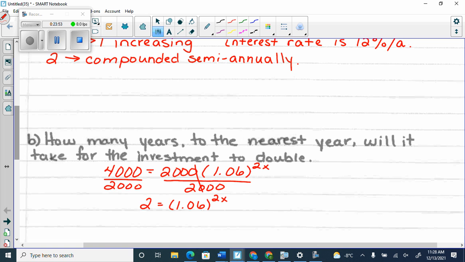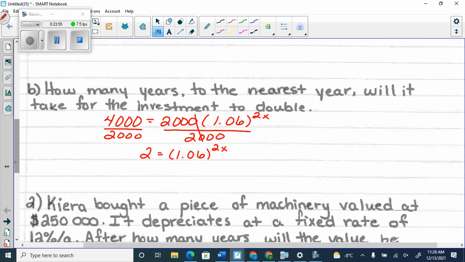And then I can convert it to a log, correct? Every single time. So I can go log, the base is 1.06, because I get y equals a to the x, and a log is x equals log base a of y. So it's going to be log base 1.06 of 2 equals 2x, divide by 2.